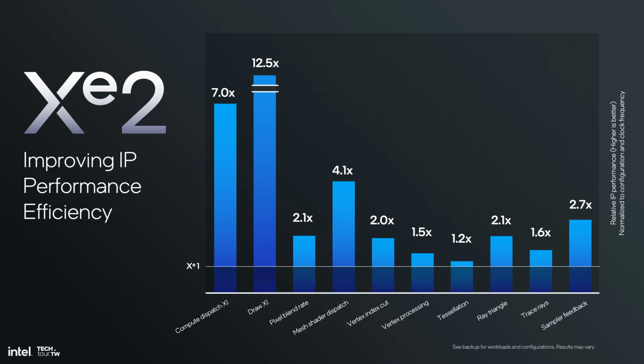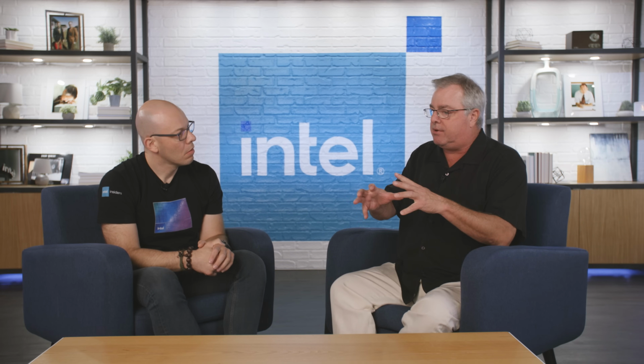I didn't mention execute indirect yet, but that's one of those instruction types that turns out is very important for next-generation game engines, and it's a different way of processing data in the graphics pipeline. We didn't support it natively in Arc GPUs and Xe. Now we do on Xe2. So you can see our benchmarks that are focused on execute indirect are 12x and 7x. That's because we're moving from more of an emulated style to a directly implemented style.